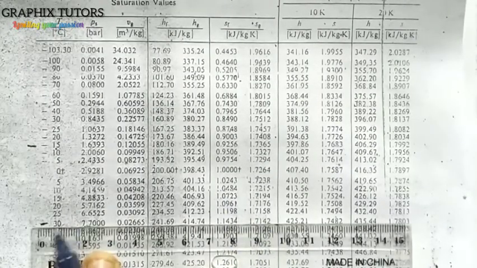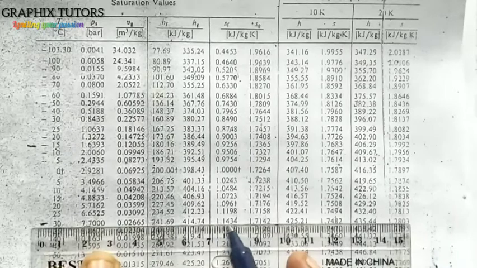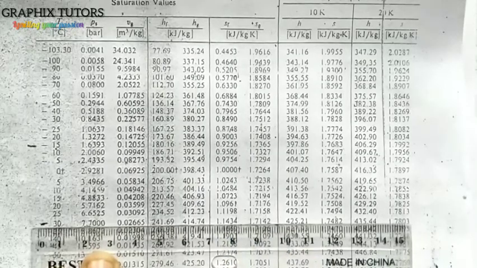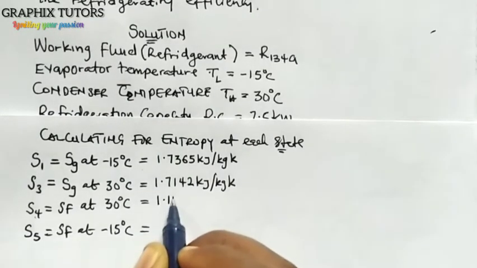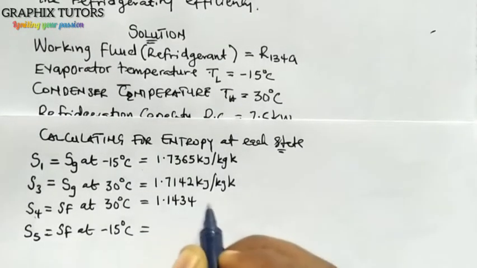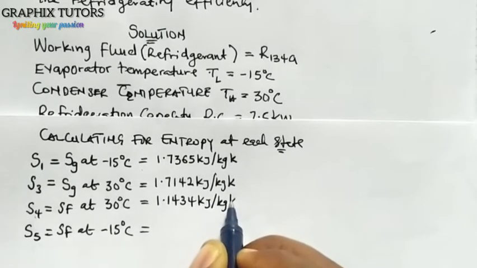This is 30 here, right? So we have 1.1434. So I'll go at that point, 1.1434 kilojoule per kilogram Kelvin.